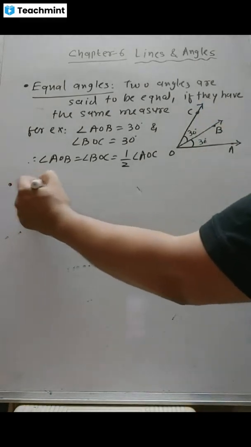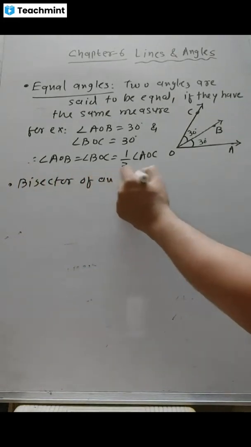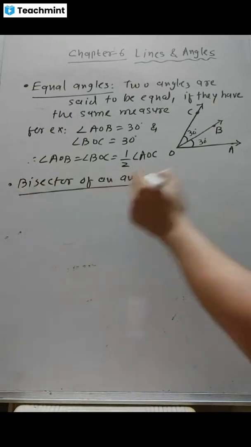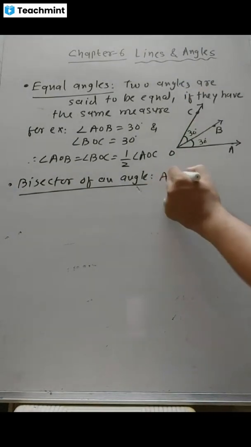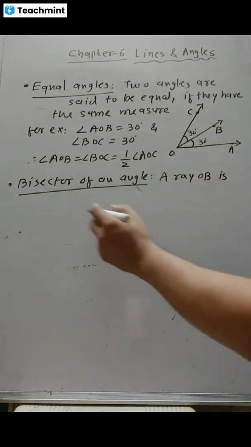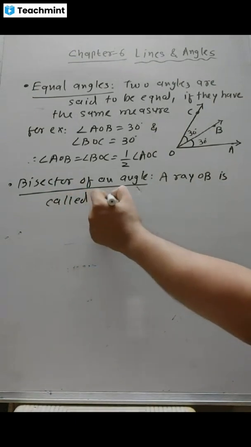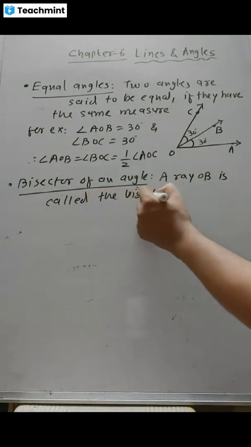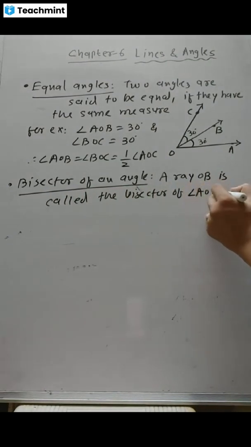Next one is bisector of an angle. Bisector of an angle means ray OB bisects angle AOC. Ray OB is called the bisector of angle AOC.